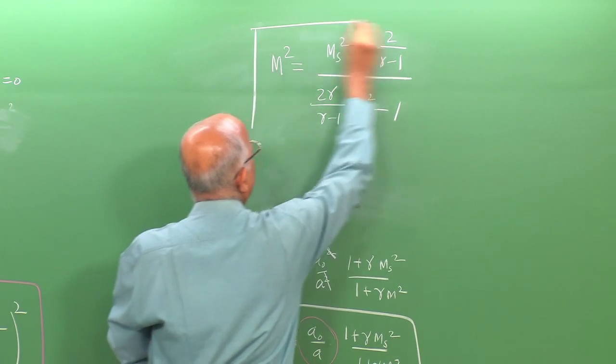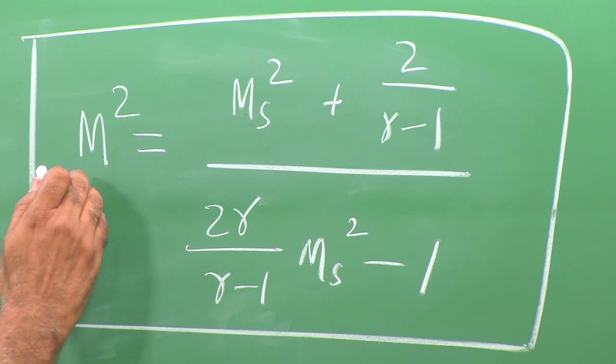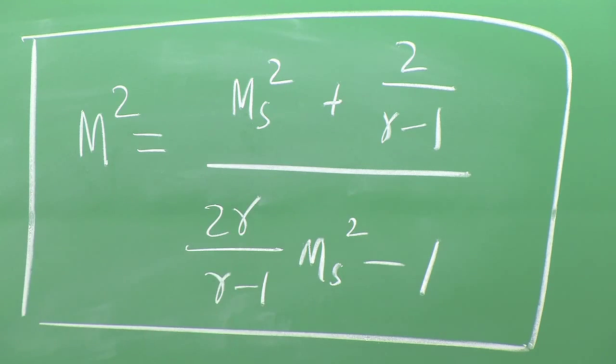Therefore, we have succeeded in getting, from looking at the non-dimensional form of ms square and m square, a relation between the Mach number behind the shock and the Mach number ahead of the shock in the frame of reference of the shock itself.